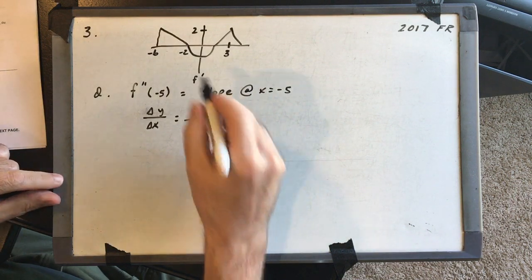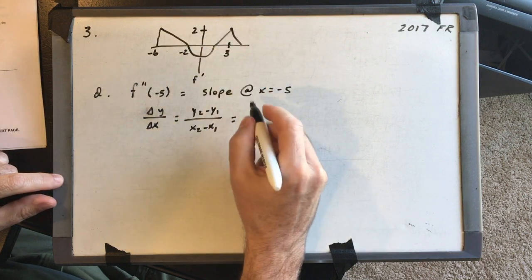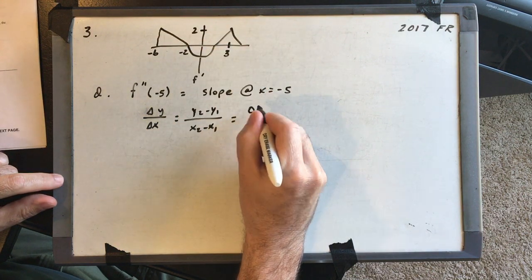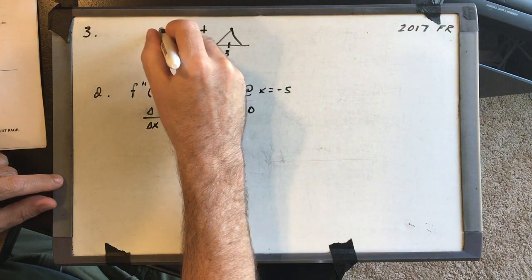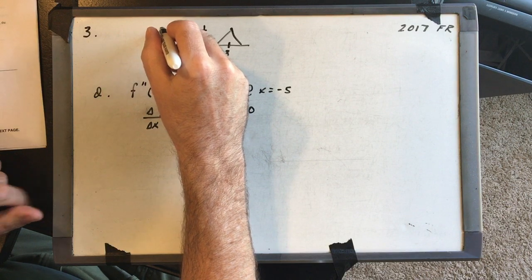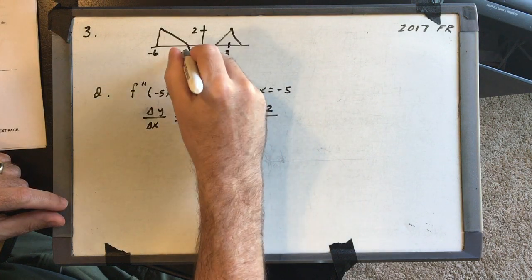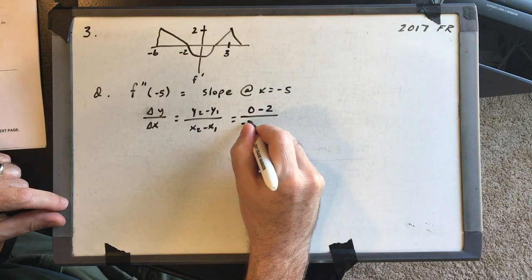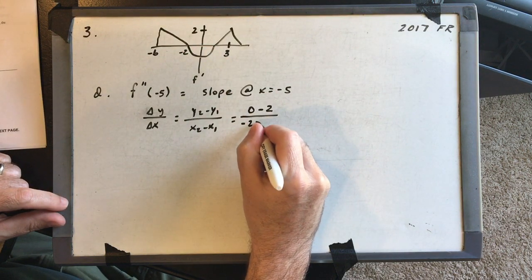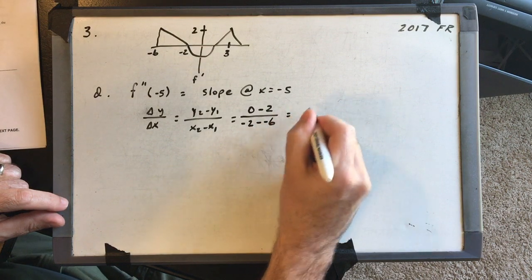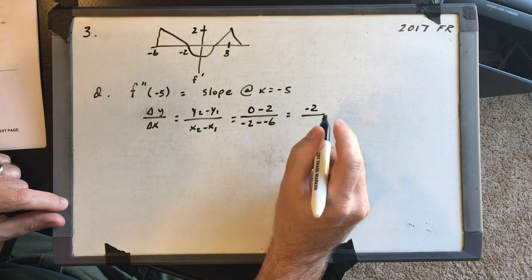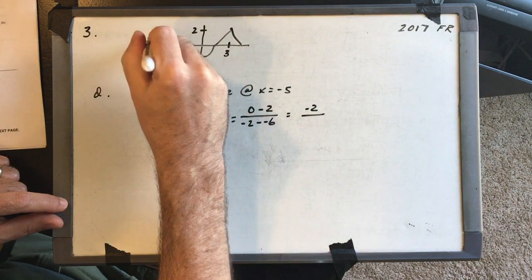Okay, so y2 is 0. y1, right, is going to be 2. x2 is -2 minus -6. So that's -2. Again, I'm figuring out the slope between -2 and -6.